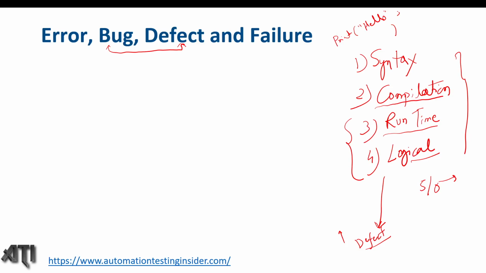But what do you mean by bug and defect? If you see any deviation or difference in the software between the expected result and the actual result, or expected outcomes and actual outcomes, that is nothing but a bug or defect. Let me give you an example.